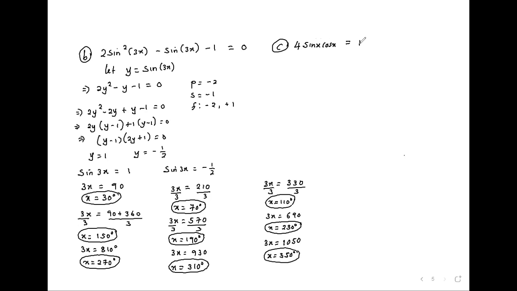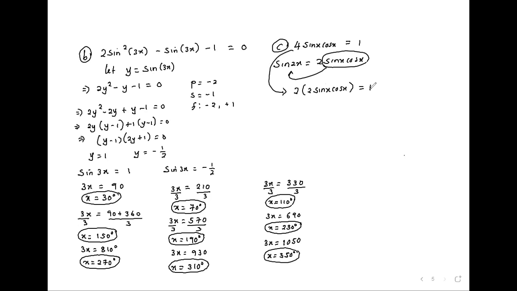Because I have a product of sine and cos, that product should remind me of this, because this sits like 2 sine x cos x. So whenever I find the product of cos and sine, I must first think about this. So you write this as 2 multiplied by 2 sine x cos x equal to 1.